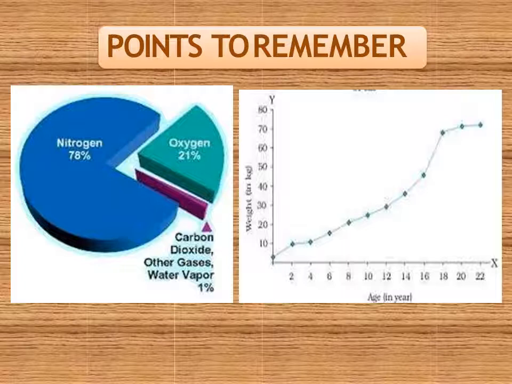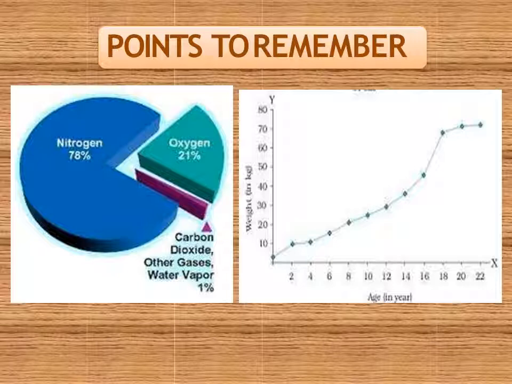So at the age of 2, a person's weight is 10. Similarly, at the age of 4, 11, because it's slightly rising. At the age of 6, maybe it can be 16 or 17. At the age of 8, 22, if we just roughly figure it.